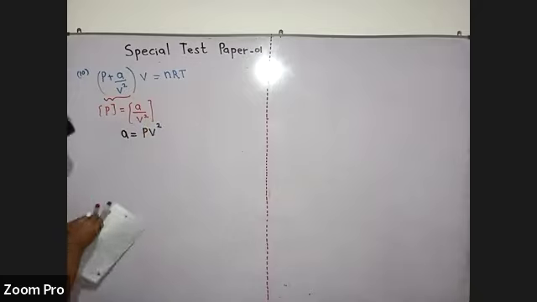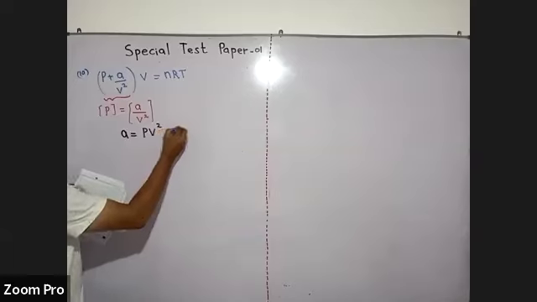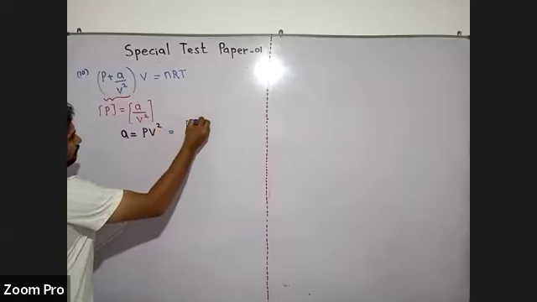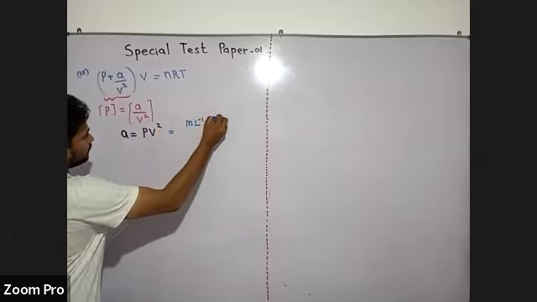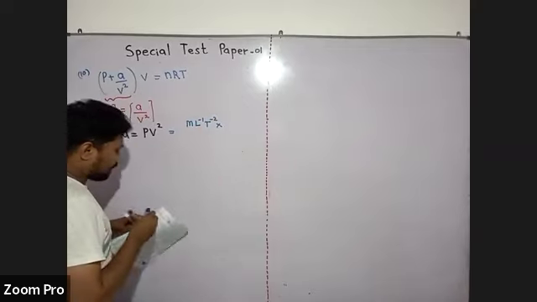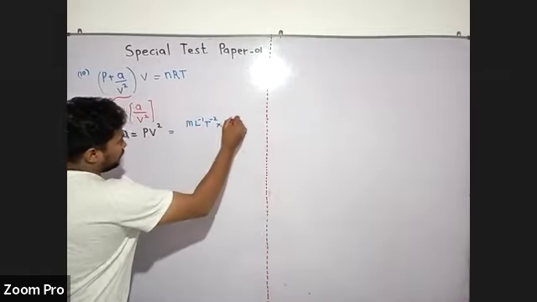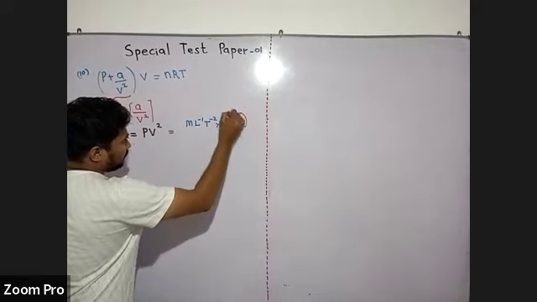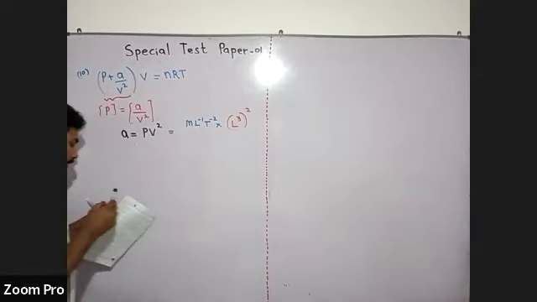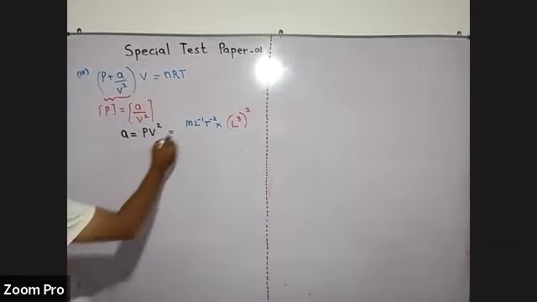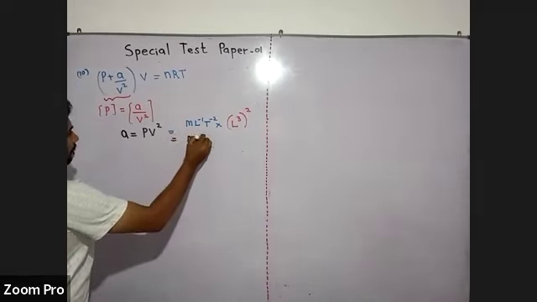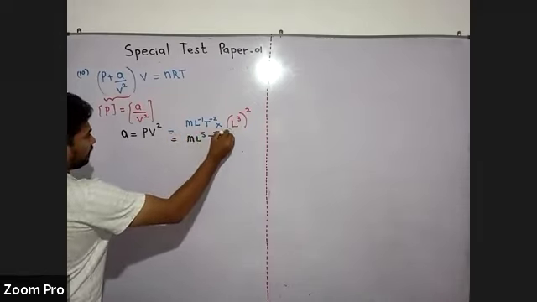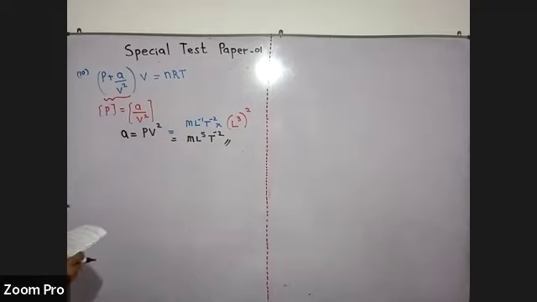So let's substitute the dimensions. P means M L^-1 T^-2. V means volume, so the dimension should be L cubed, but we have to consider the square of the volume. So this is the answer. The answer should be the third one.